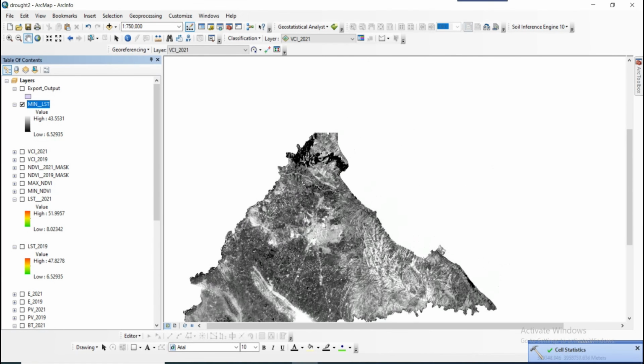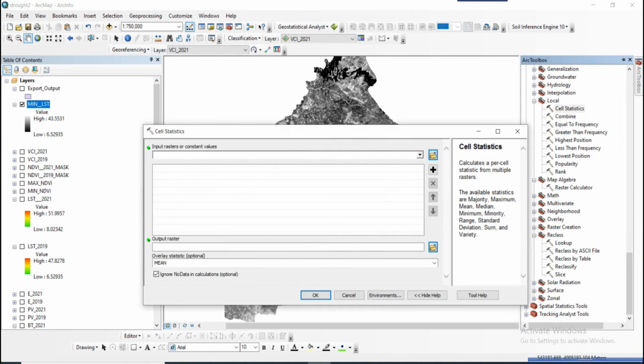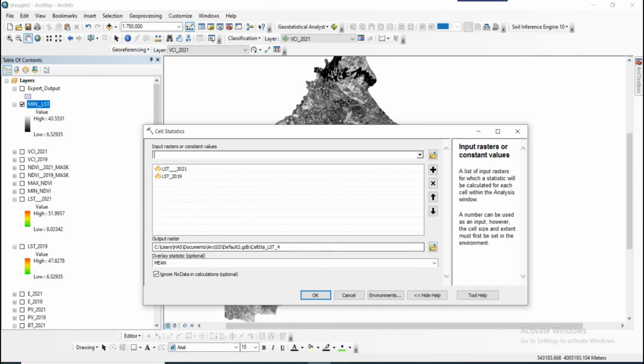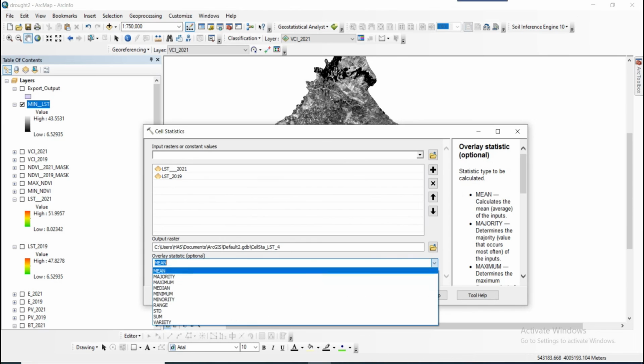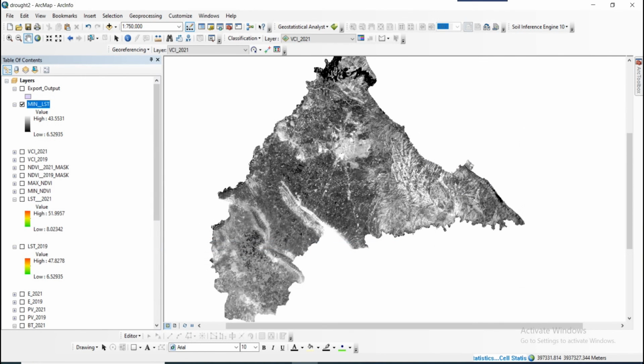So this is the minimum layer of the LST depending on these 2 years. Now we will calculate the maximum layer depending on the LST of 2019 and 2021, and you will choose maximum, and we're gonna call this max of LST, and okay.